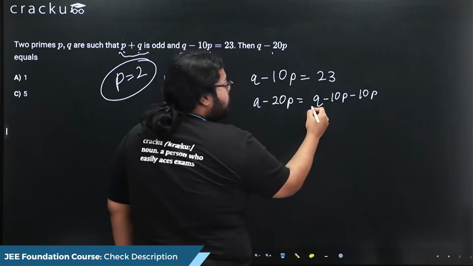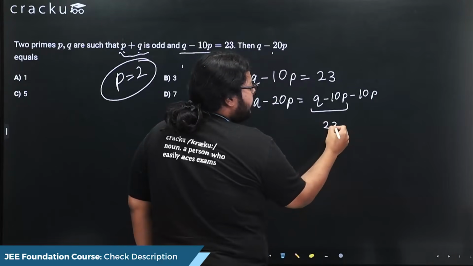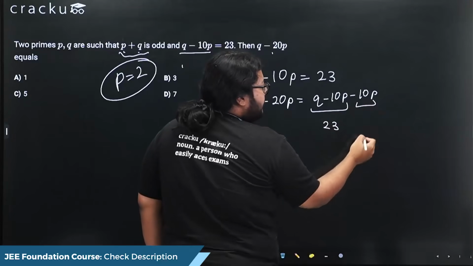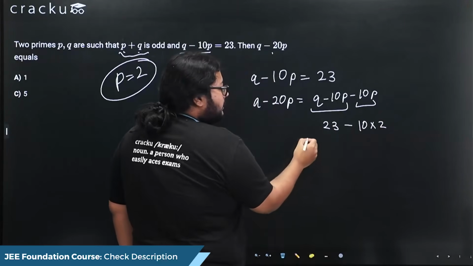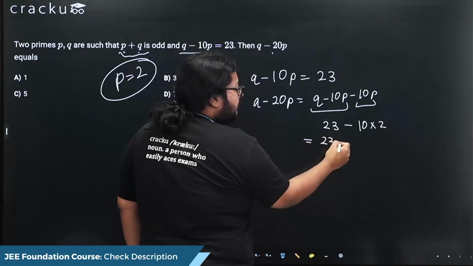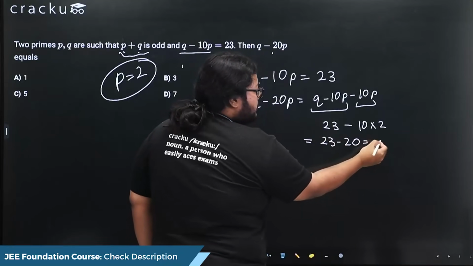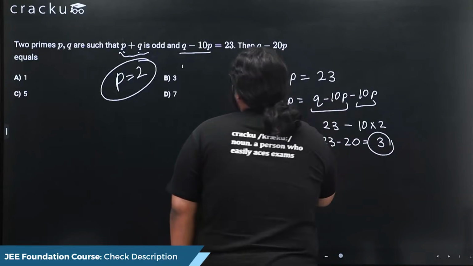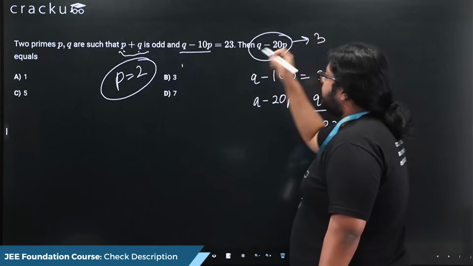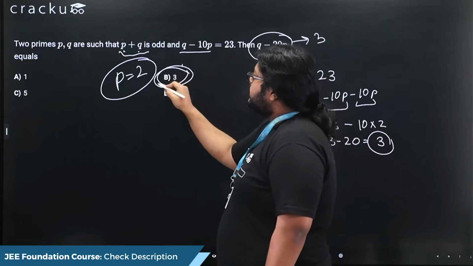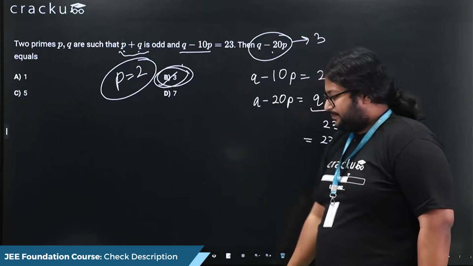Why? Because the value of Q minus 10P I know is 23, and this minus 10P will be 10 into 2. So this will give me 23 minus 20, which is 3. So the answer of this Q minus 20P is essentially 3, which is option B.